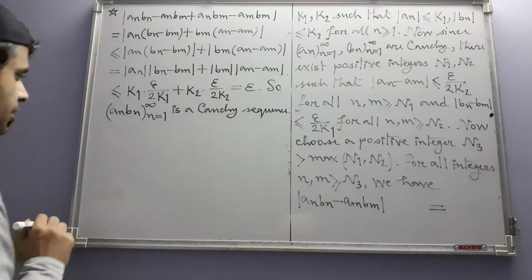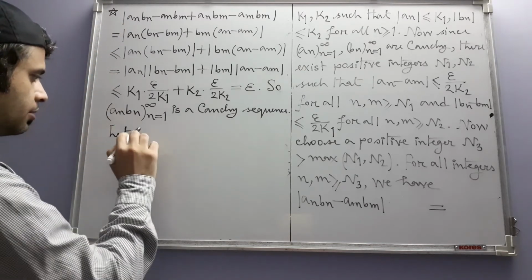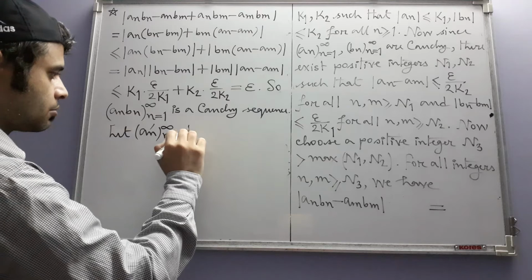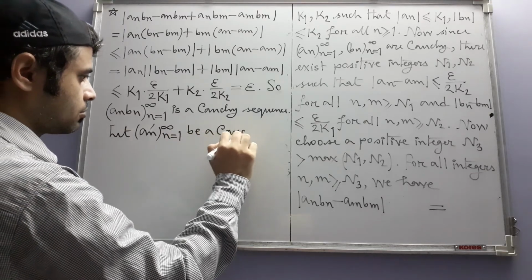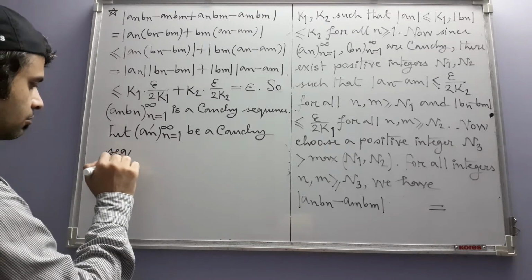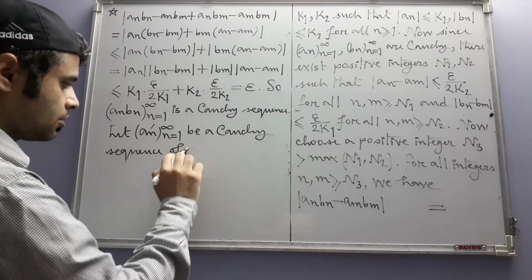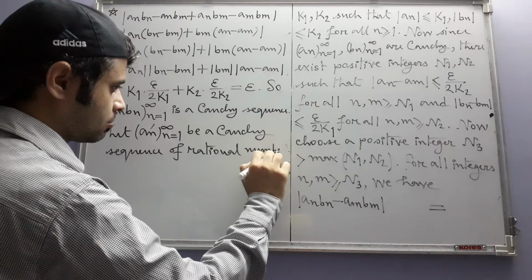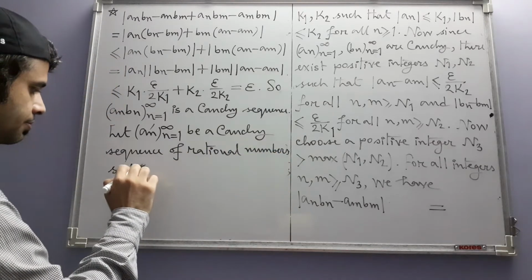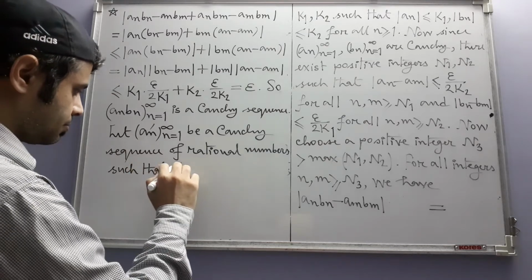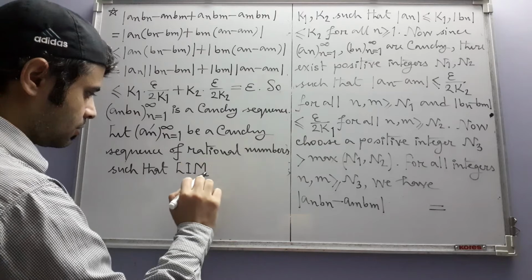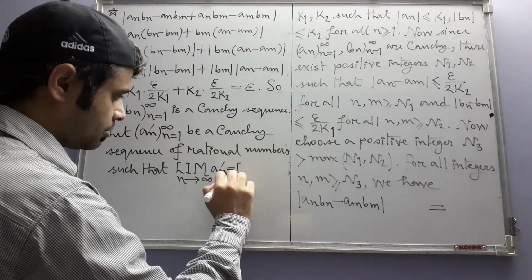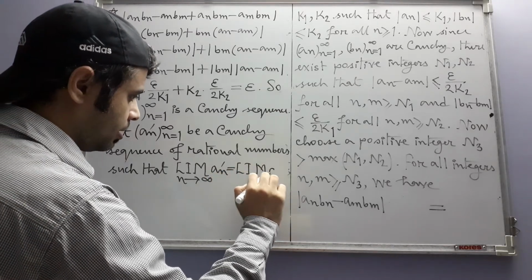Now we move to the next half. Let an prime be a Cauchy sequence of rational numbers such that its formal limit is also equal to the formal limit of an.